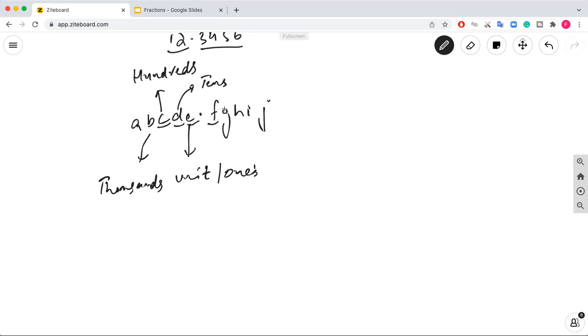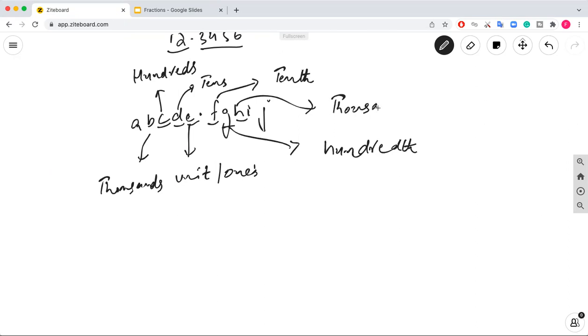On the immediate right, we have the tenths digit, the next one is the hundredths digit, the next is thousandths, and so on. Exactly on the right side of the decimal, each value gets 10 times smaller, and on the left side, each value gets 10 times greater.